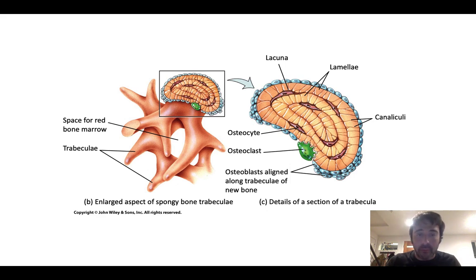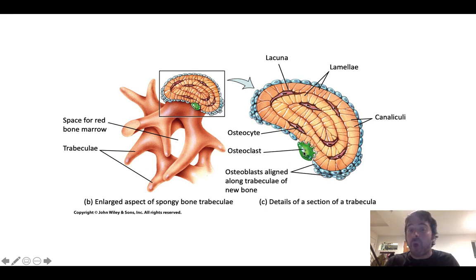Now, bone remodeling is just the continuous process in which old worn out bone is broken down by osteoclasts. The breakdown of old worn out bone is called bone resorption.